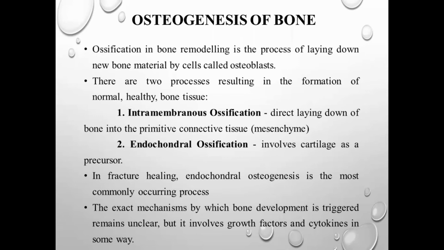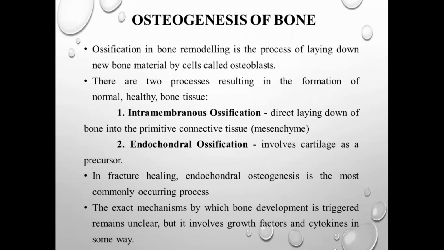I will show the tabular column. During the third month of the fetus formation, the mesenchymal stem cells start developing into bone, which is called intramembranous ossification. Next is endochondral ossification. This involves the cartilage as the precursor. Okay, so in this ossification, your cartilage is going to be the starting element.